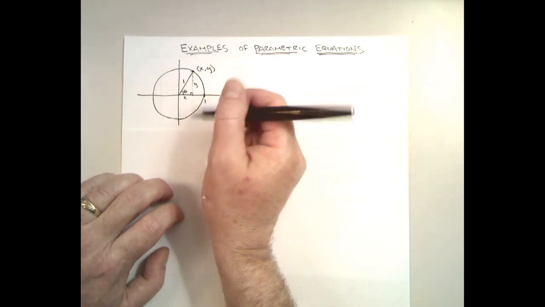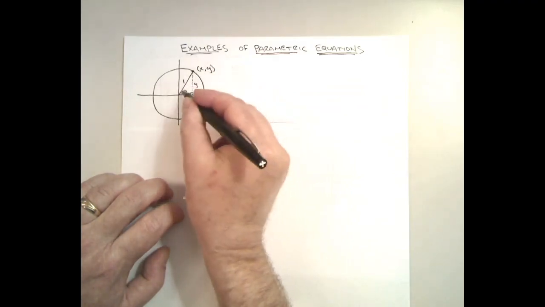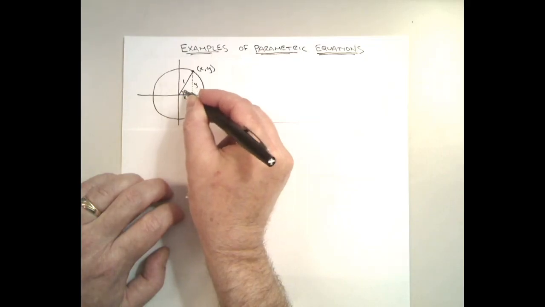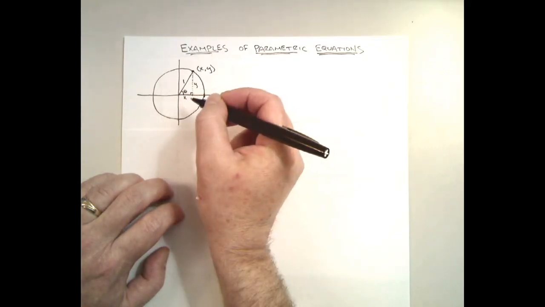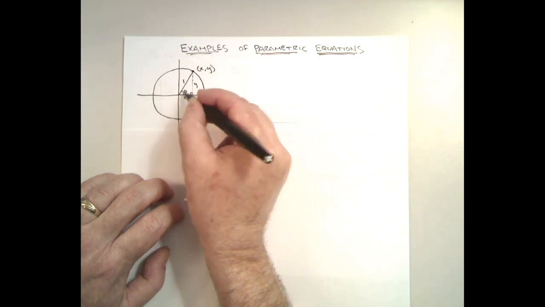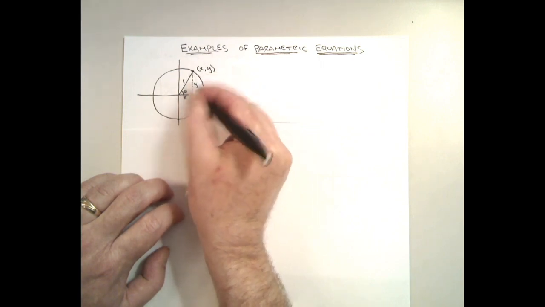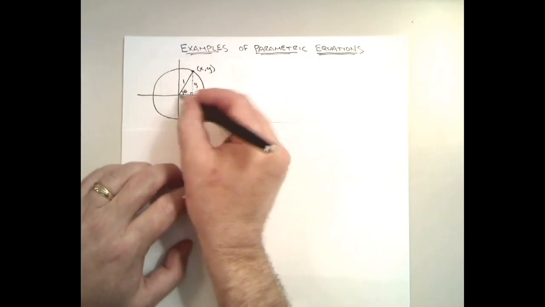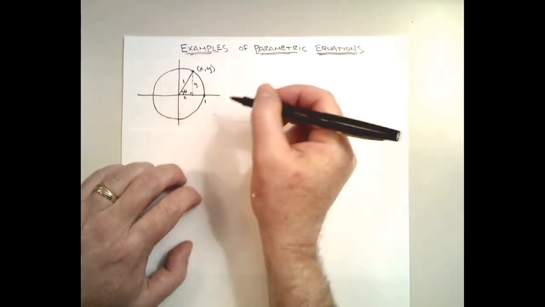But there's another thing that we could have done here. Another way we could have looked at this is by identifying the angle defined by this hypotenuse against the positive x-axis, call it theta.